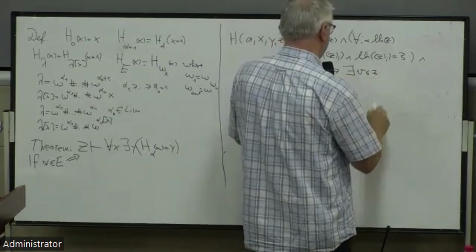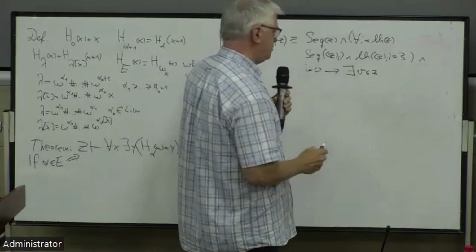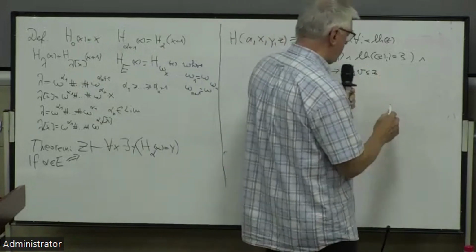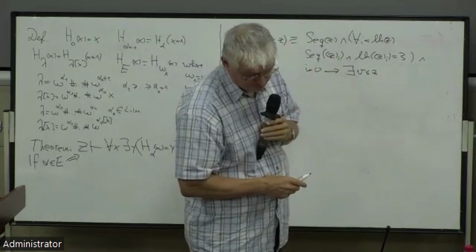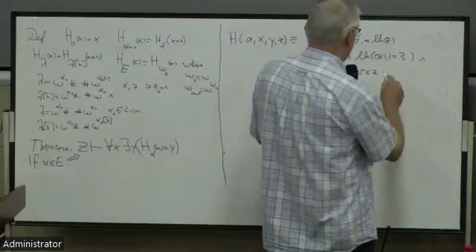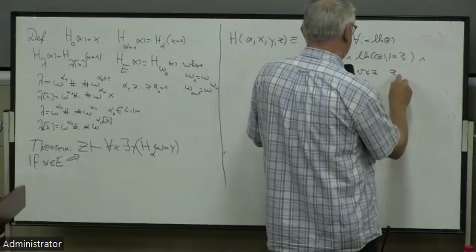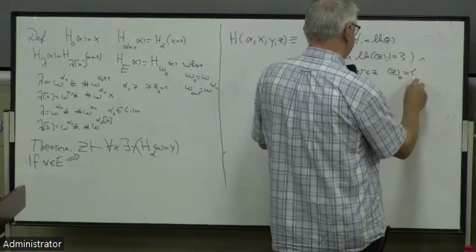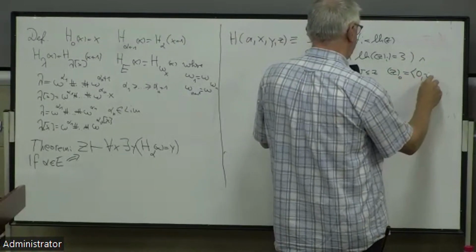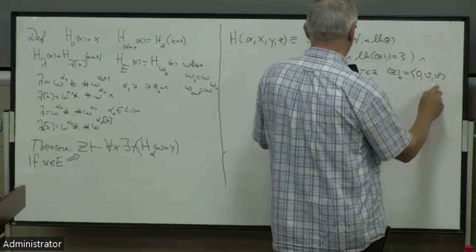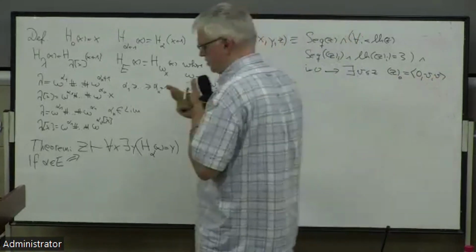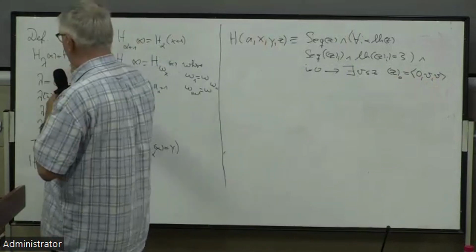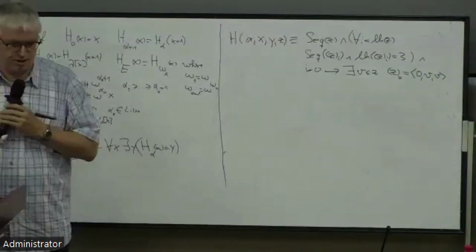So there will be a v less than or equal to z, and z0 consists of a triple 0 v v. So this means the first triple codifies h0 of v is equal to v.